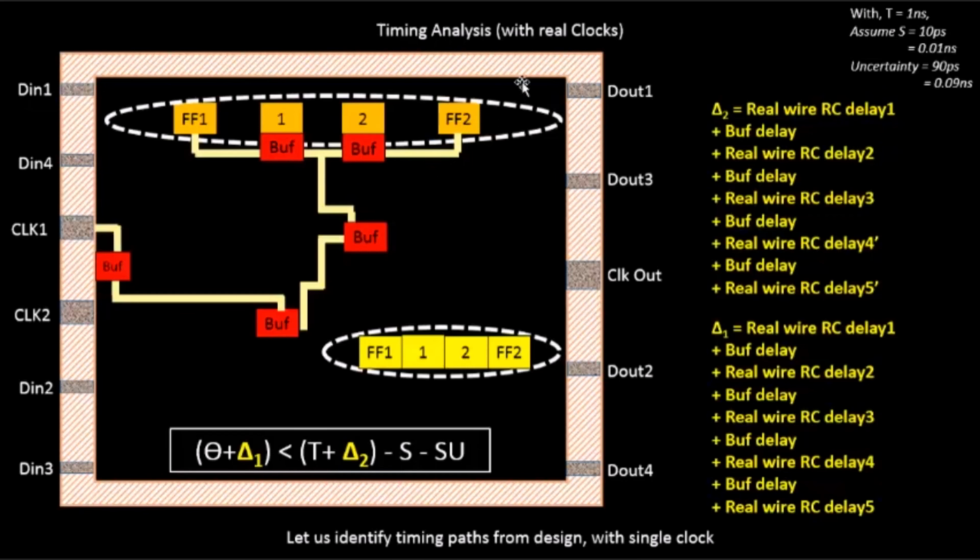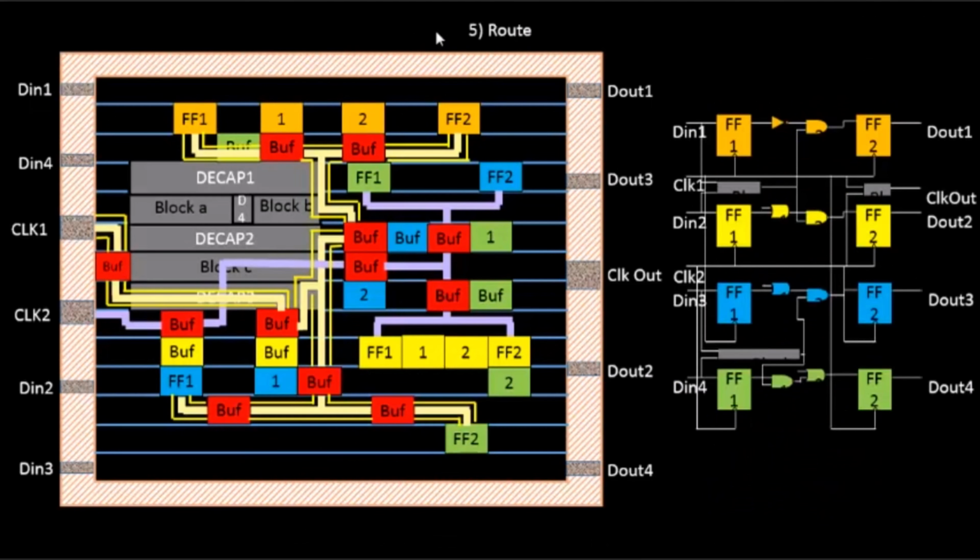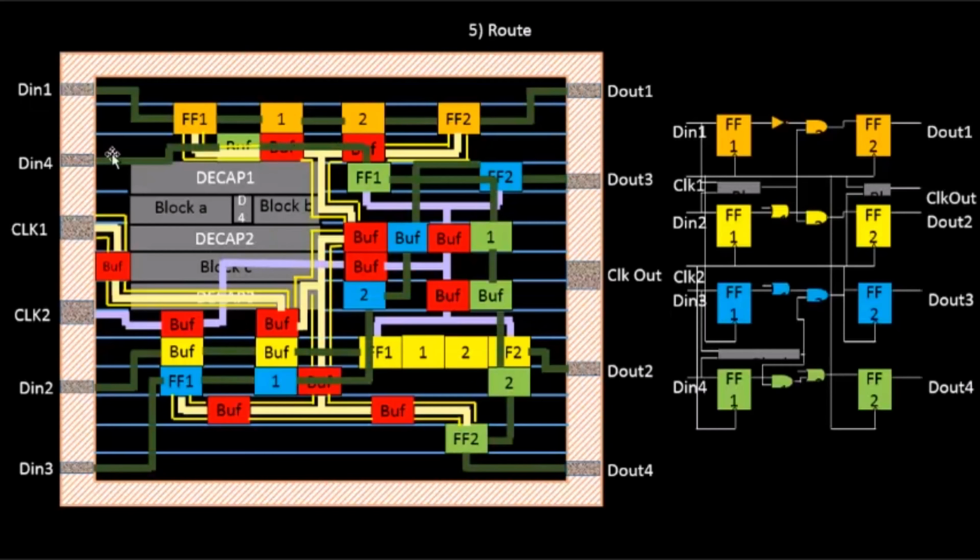After the quick timing analysis at the clock tree synthesis stage, the next step is to route the design. In routing, we now actually get access to real wires. The route looks something like this.